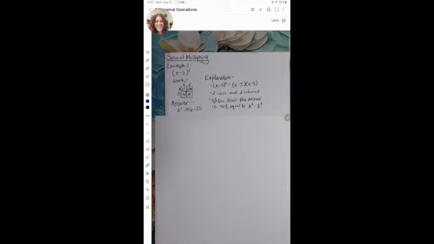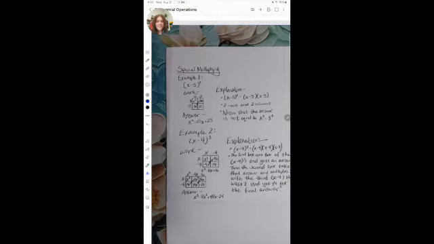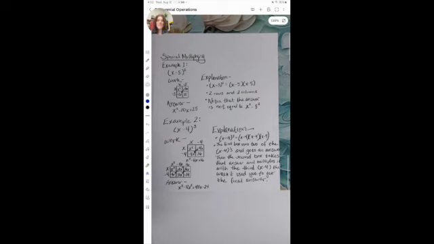So then let's look now at example 2. There are 3 of them. I think I was wrong before, so let's just see. Okay. Here we go. So example 2, now things have stepped up a notch. Instead of an exponent of 2, now we have an exponent of 3.